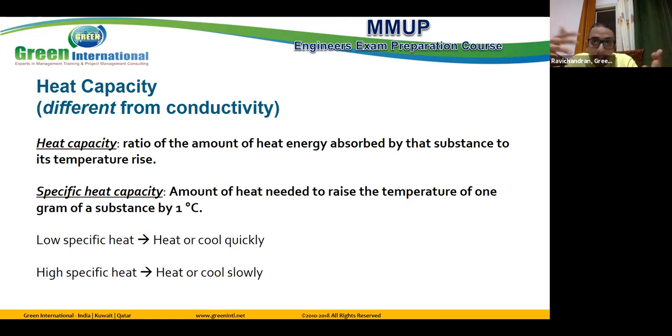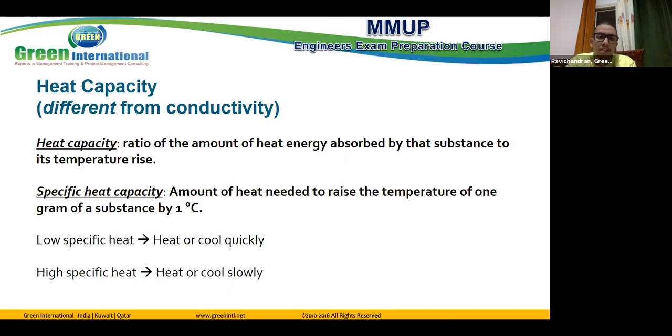But heat capacity in general, no. This just measures according to the range of temperature you require. What I mean is the amount of heat needed, for example, to raise the temperature of 1 gram of the substance by 5 degrees C, here 7 degrees C, there 10 degrees C. So it is not a property; it depends on your case.